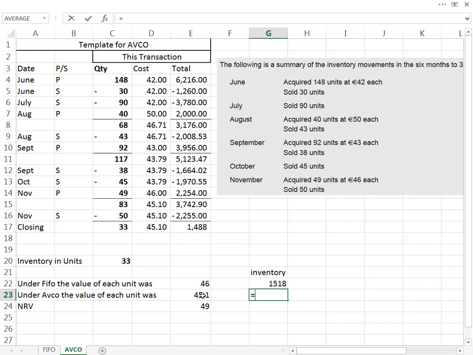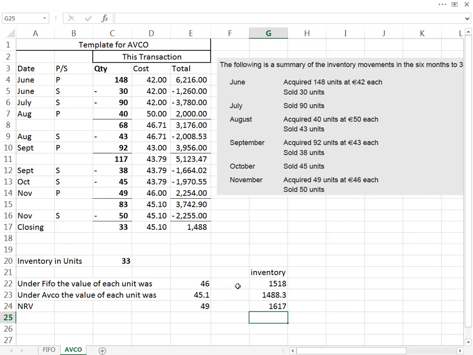Under AVCO it's equal to 45.1 multiplied by 33. And under net realizable value it's equal to 49 multiplied by 33. Okay, so they're the three values under FIFO, AVCO and net realizable value.